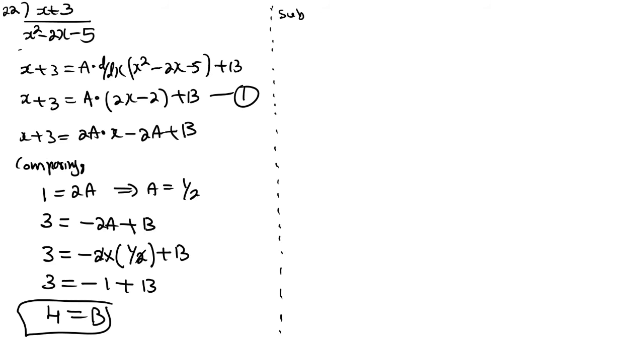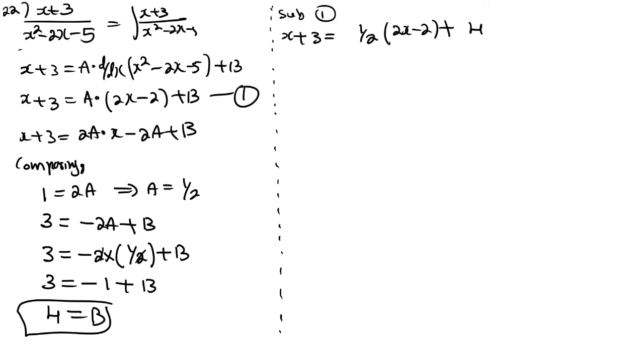Substituting those values in equation 1. So x plus 3 is equal to the a value, what is the a value, 1 by 2, into (2x minus 2), plus the b value, which is equal to 4. Now consider, I will write it as integration of (x plus 3) divided by (x square minus 2x minus 5) into dx, and I am taking this as star.